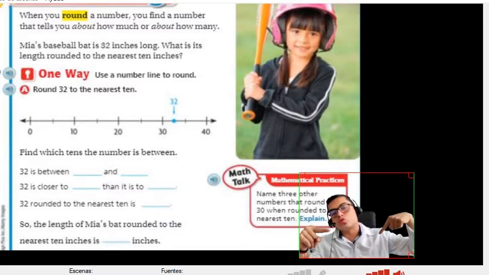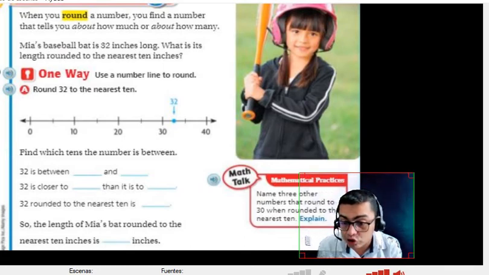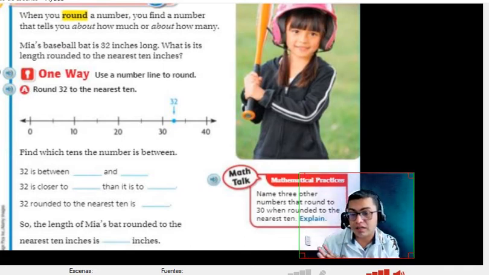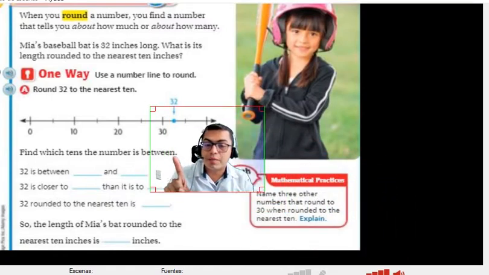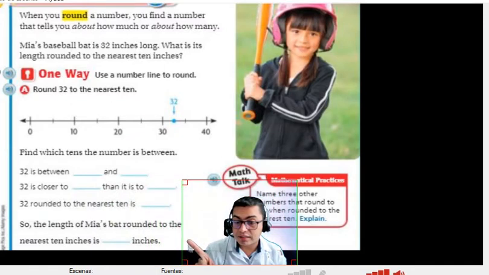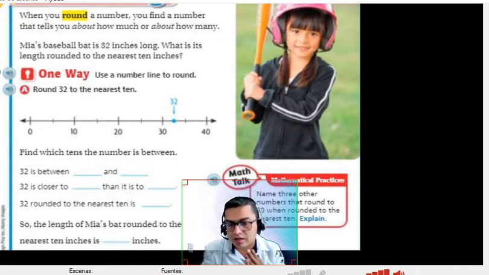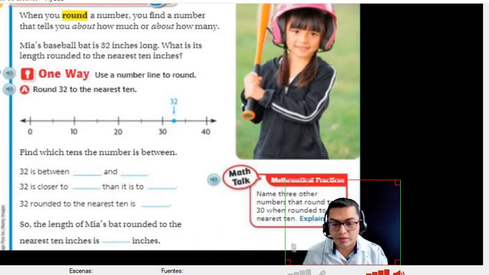They want to round the number a la decena, 10. Ok, entonces está más cercano a 30. So, the length of my bat to the nearest 10 inches is 30 inches. Lo redondeamos, no digamos 32, digamos un número cerrado, 30. ¿Por qué? Porque está más cerca. I'm going to explain that later.